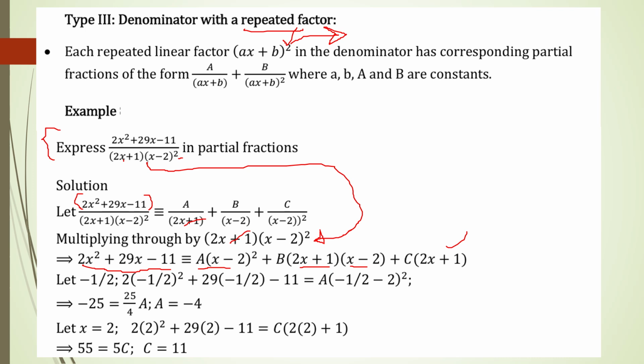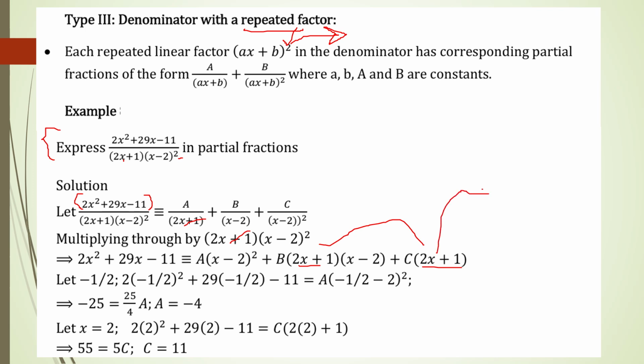So from here, we look at how we can make either of the brackets to be equal to 0. So let's start with how we can make both, since B and C have the same brackets, which is 2x plus 1 and also 2x plus 1. We make the bracket of 2x plus 1 to be equal to 0. You simply get that bracket and then you equate it to 0.